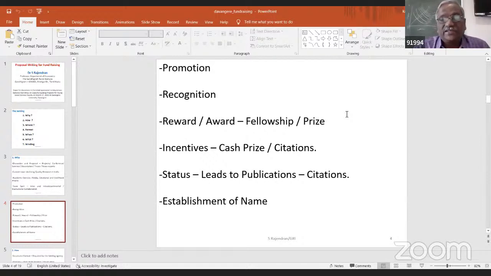In addition to these, there are other incentives like cash prizes and citations in your academic publications; you get an H index, citation index, etc. Status. The research output from research projects emerges as publications, which lead to citations, which also popularize your name.